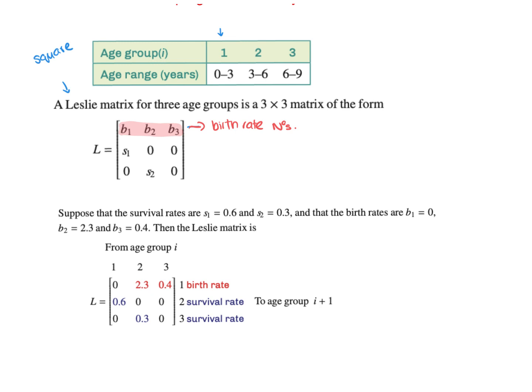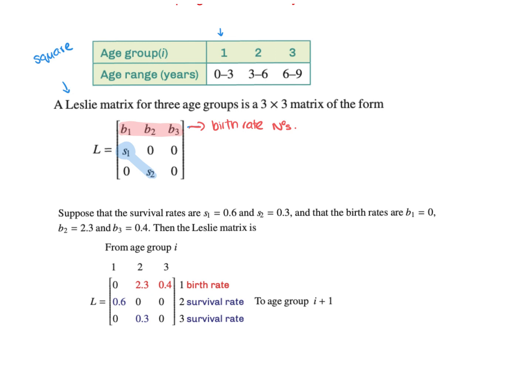Then they'll tell you the survival rates, and the survival rates start under the first group, because obviously you're going to go from the first group to the next group. So that S1 there is the survival rate of the 0 to 3 group going into the 3 to 6 group.